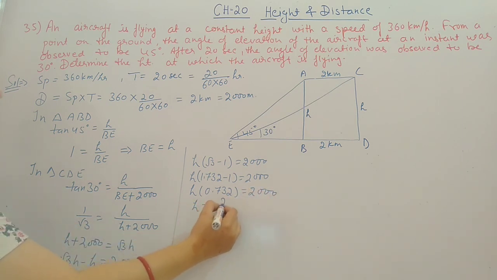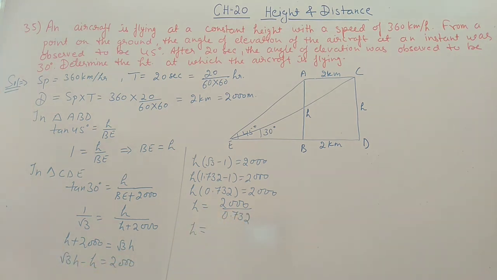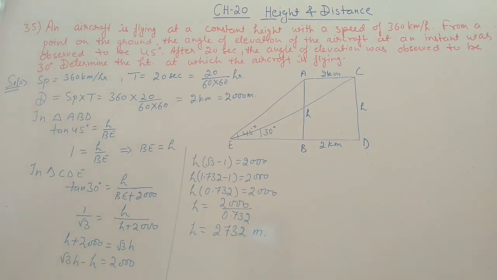So h will be 2000 divided by 0.732. Remove decimal in the calculation. You will get it 2732 meter. Approximate value we can calculate here.